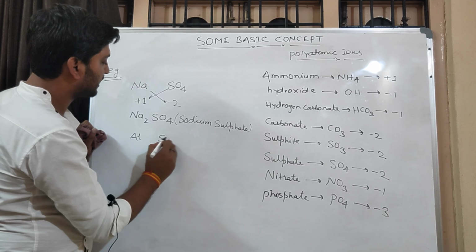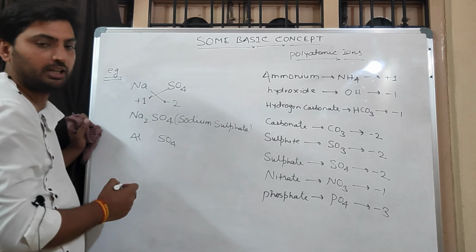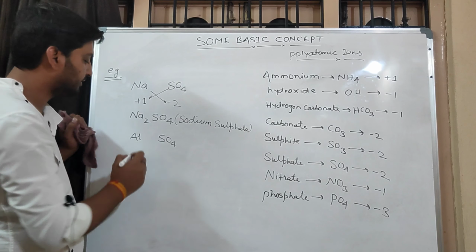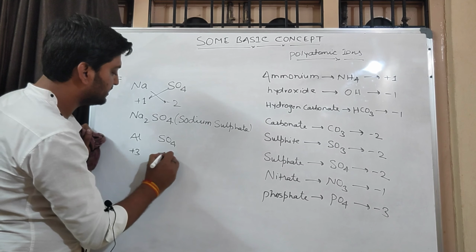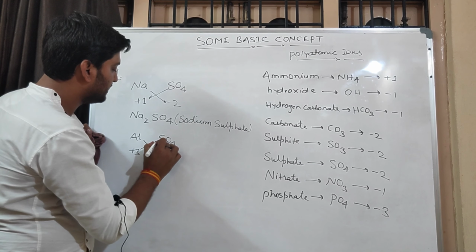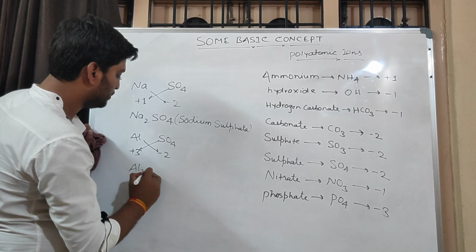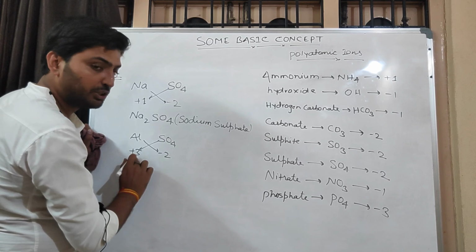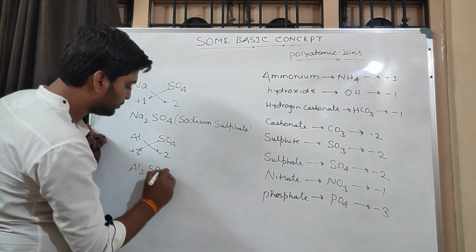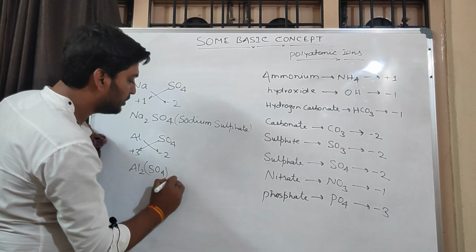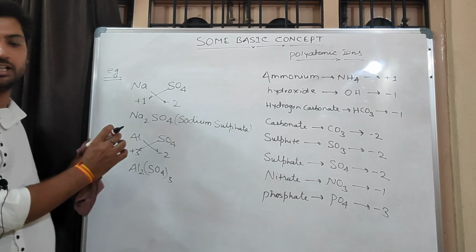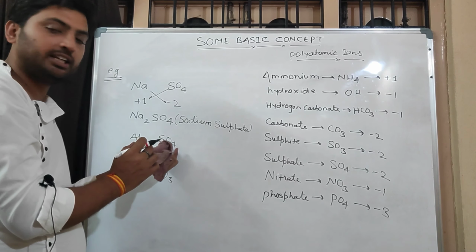Aluminium sulfate. We are forming another compound, aluminium sulfate. Aluminium valency is +3 and this is -2. Cross multiplication, Al2 and SO4 into 3. We will take SO4 whole thrice because this is working as a single ion.